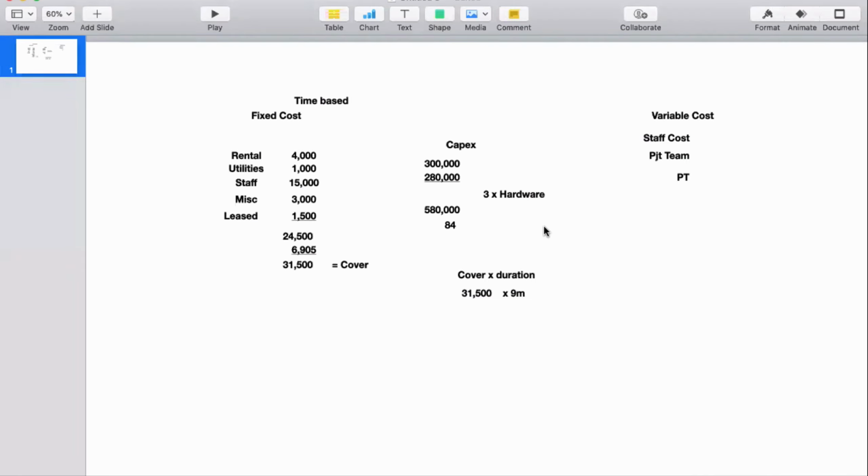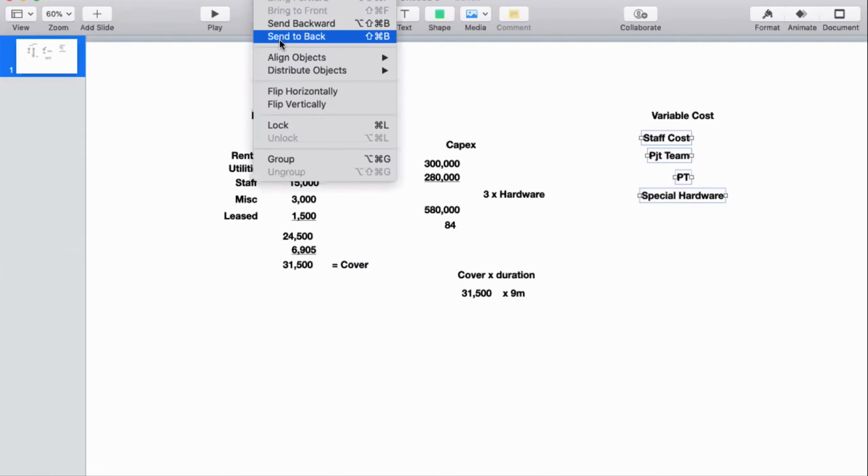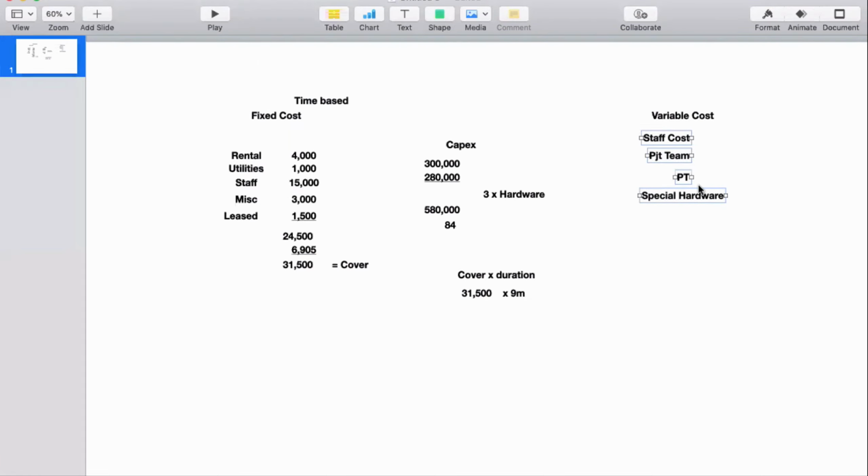Now, if you have special hardware pertaining to this project, you can add it as special hardware, then you add the special to the variable cost. It means this hardware comes about only because you have this project. So let's say my special staff cost is about another 27,000, and my project team maybe another 30,000.